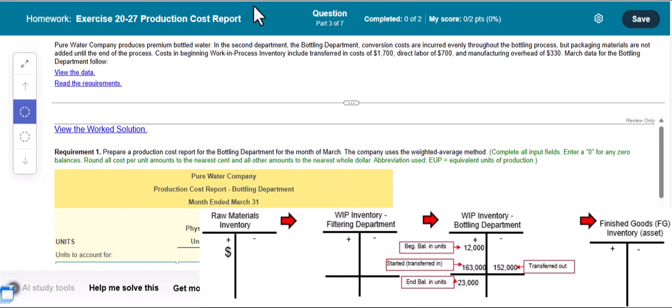At the end of this process, it's put into the direct materials, which is the bottle. Once the premium water is bottled, it is finished and transferred out of this department into the finished goods inventory until it is sold.